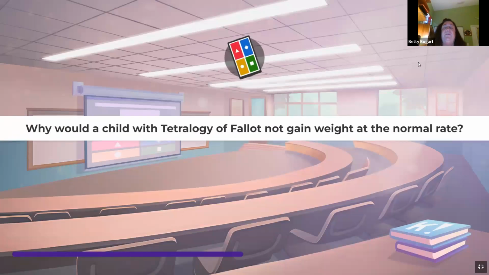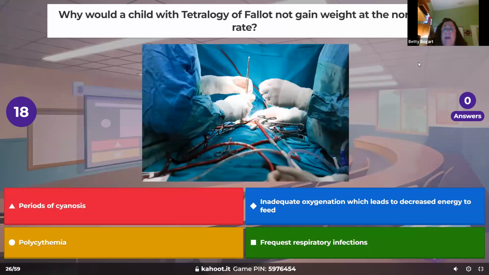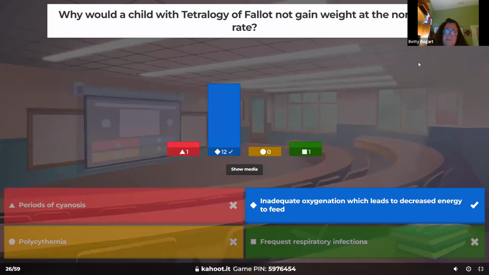Why would a child with tetralogy of Fallot not gain weight at a normal rate? Another congenital cyanotic heart problem. Remember that body is working hard still. And they're not getting the oxygen they need.